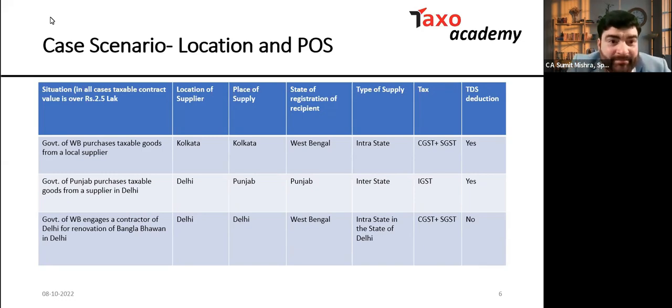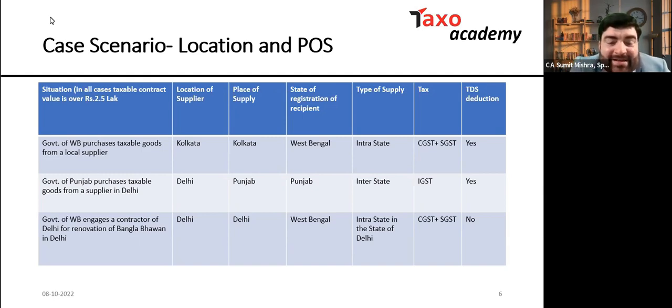So in this case, the location of the supplier and place of supply is different from the location of the recipient. Although it's an intra-state transaction, there will be no TDS implication. Why is it so? Because you can relate this to the first two transactions, where the tax will be retained by the state of the recipient.